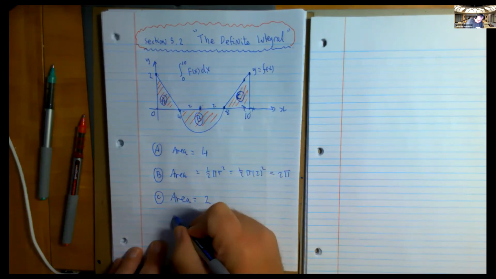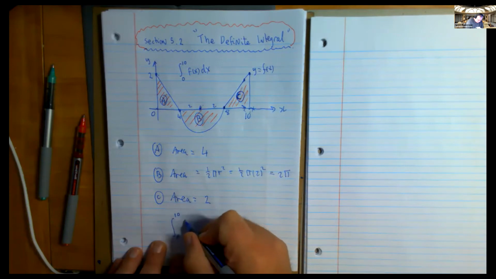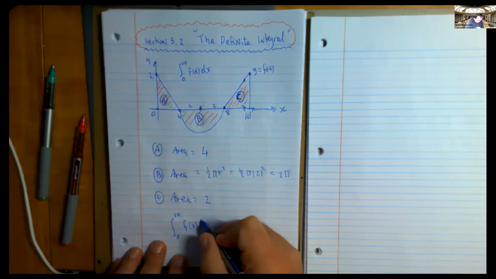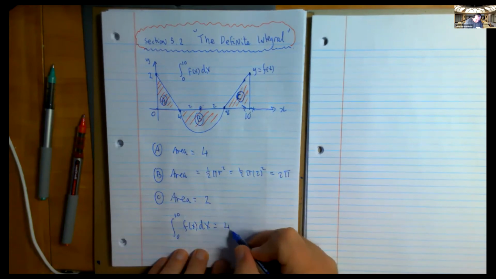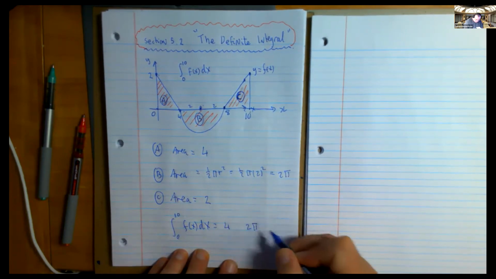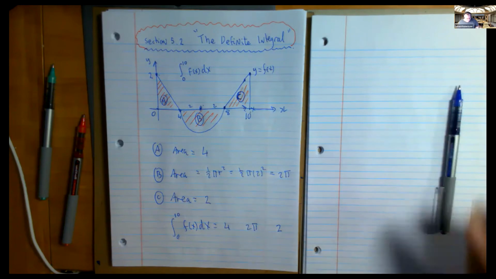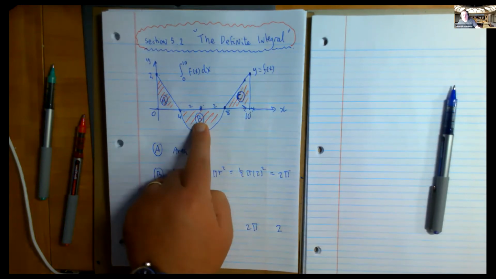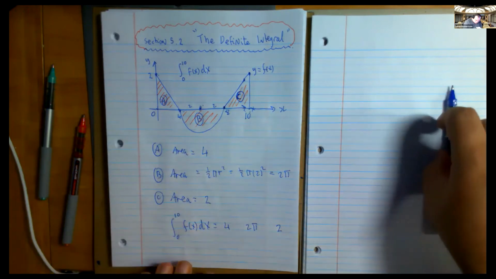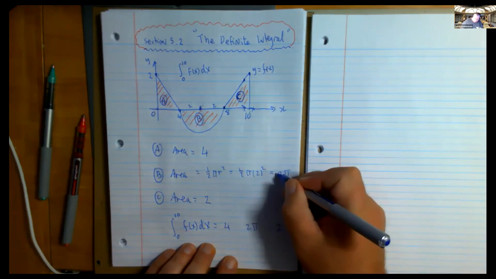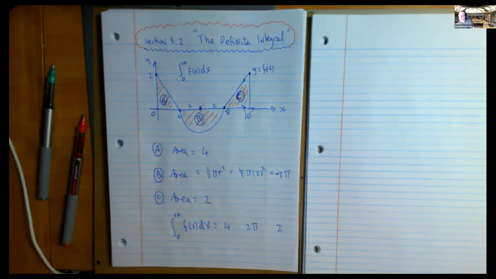Now the entire area under the curve from 0 to 10 of this particular function is made up of 4, 2 pi, and 2. But something special about the area of B, because it's below the x-axis, its area is negative, so it's negative 2 pi.